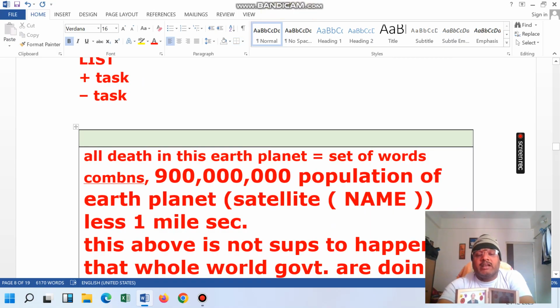That positive and negative task connects to all death in the Earth planet. All death in the Earth planet connects to what? One of the persons said that I think it connects to a set of words, a combination of words which connects to the death of the world.